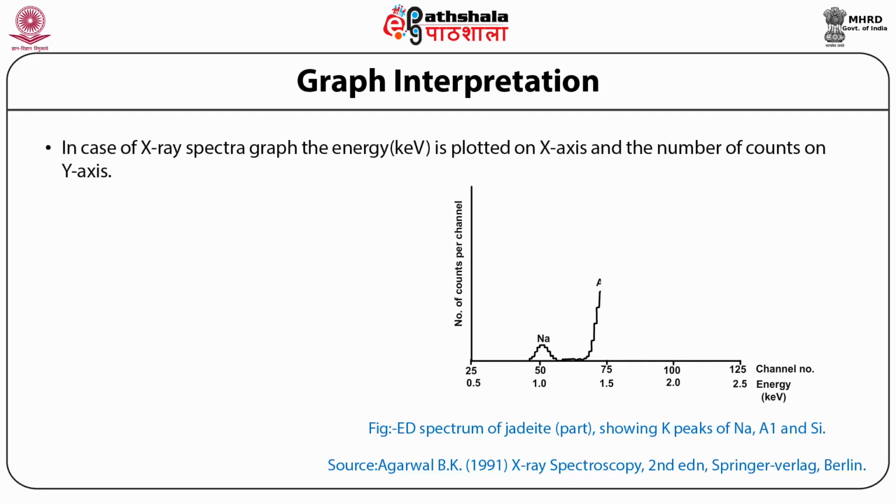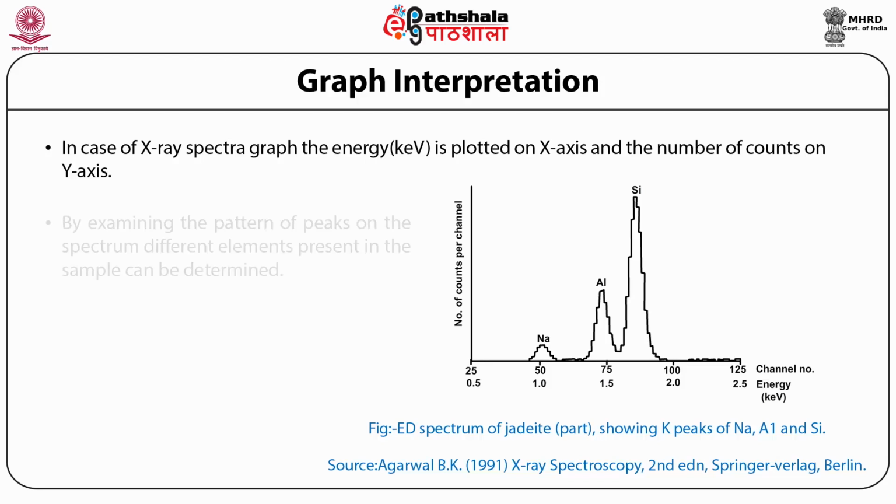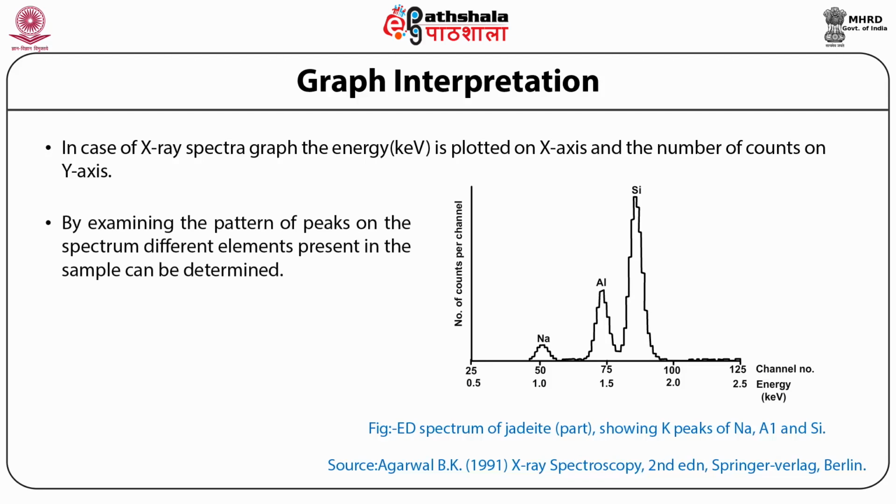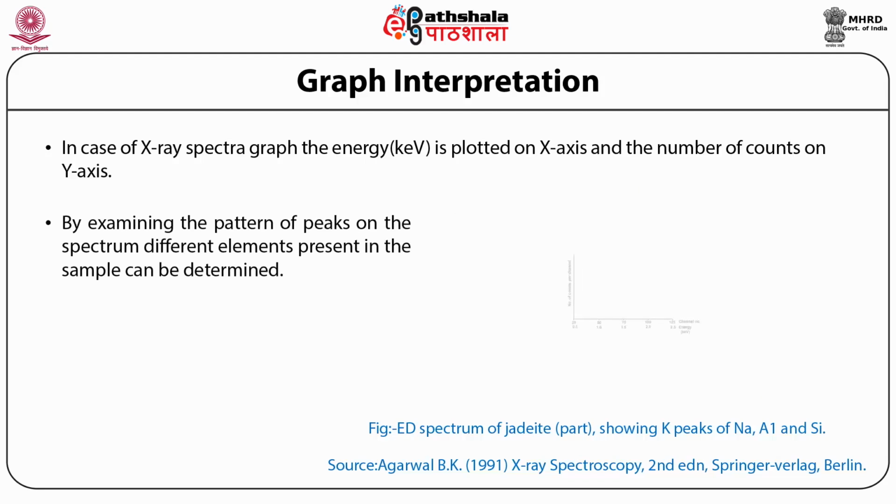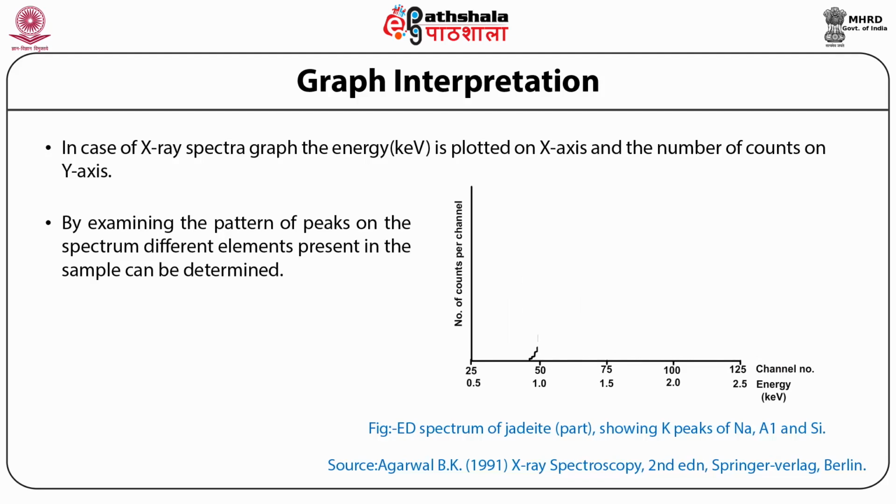In case of an X-ray spectra graph, the energy, which is in kilo electron volt, is plotted on the x-axis and the number of counts on the y-axis. By examining the pattern of peaks on the spectrum, different elements present in the sample are observed. You can see the relative intensities and the area under the peak are different.